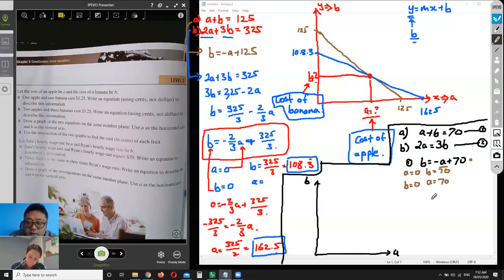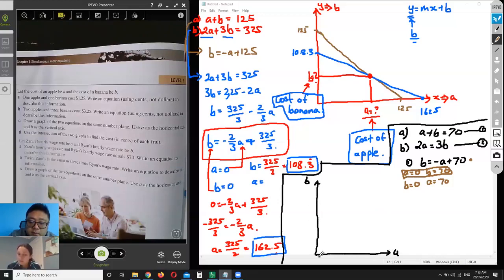Okay. So let's just focus on this. What point does that represent? B is Zara's rate. It's on the y-intercept.